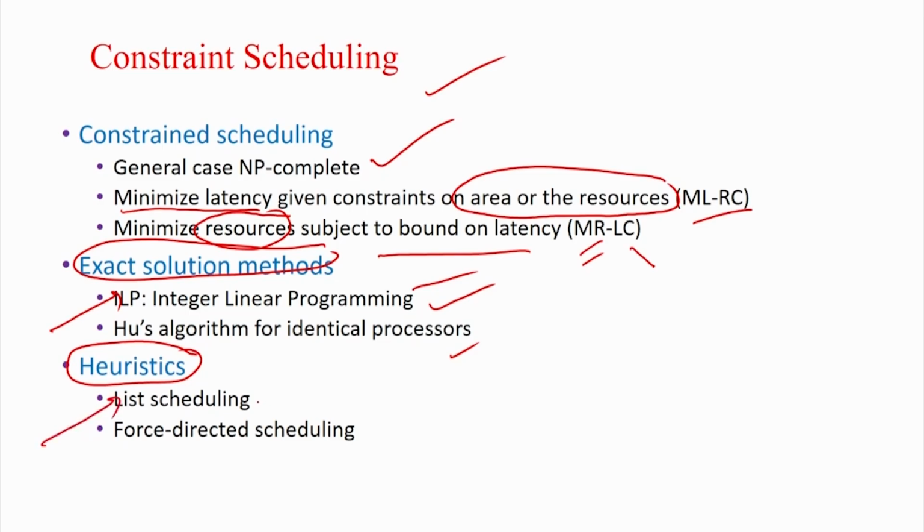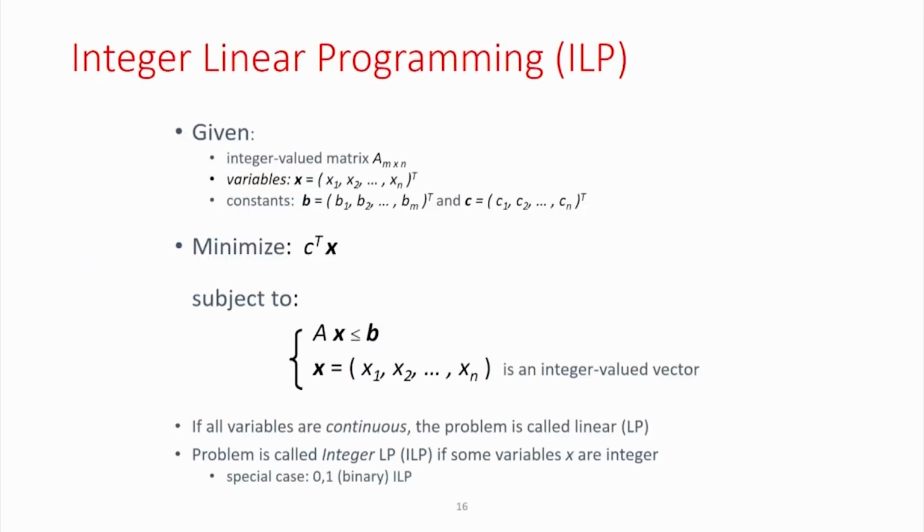Since list scheduling is based on the idea of this algorithm, we will briefly discuss it before going further. So, in the next 20 minutes or so, we are going to discuss the ILP based scheduling algorithm and list scheduling. Before modeling the scheduling algorithm using ILP, integer linear programming, let us define what integer linear programming is, right.